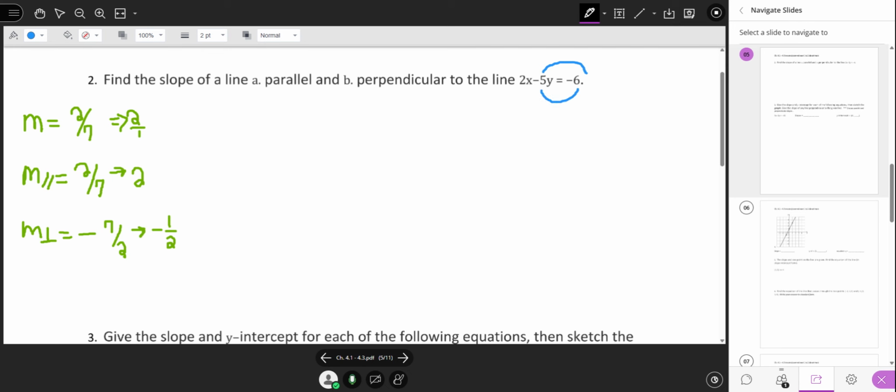Remember, if it goes to the opposite side of the equals, it takes the opposite sign. 2x stayed on the same side. Negative 6 switches sides, so it becomes plus 6. 5y goes to the opposite side, so instead of negative, I get positive.